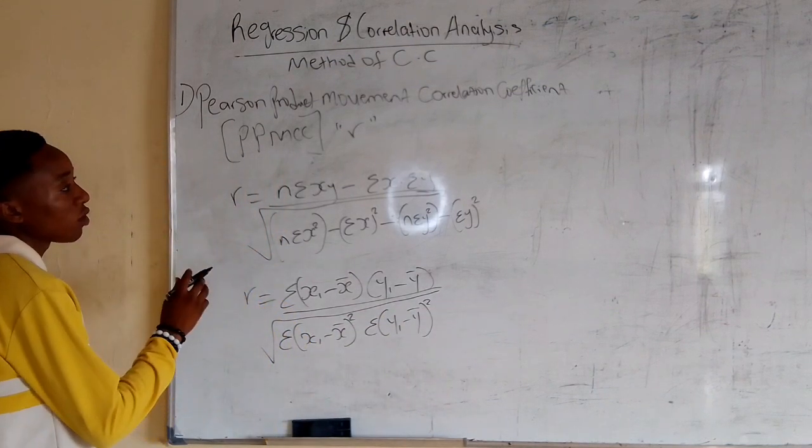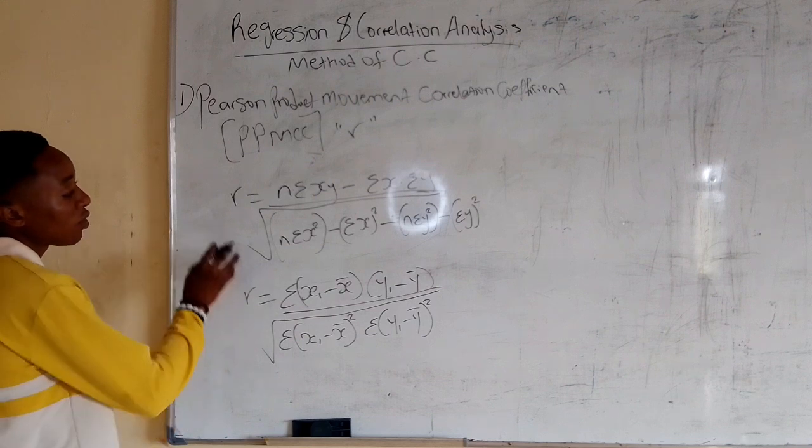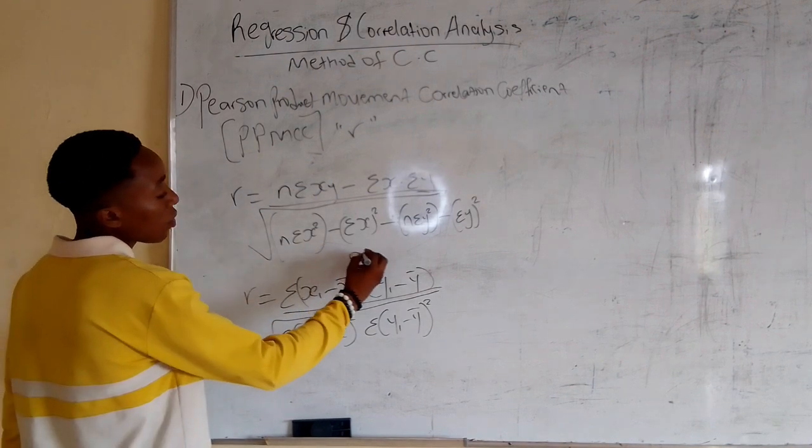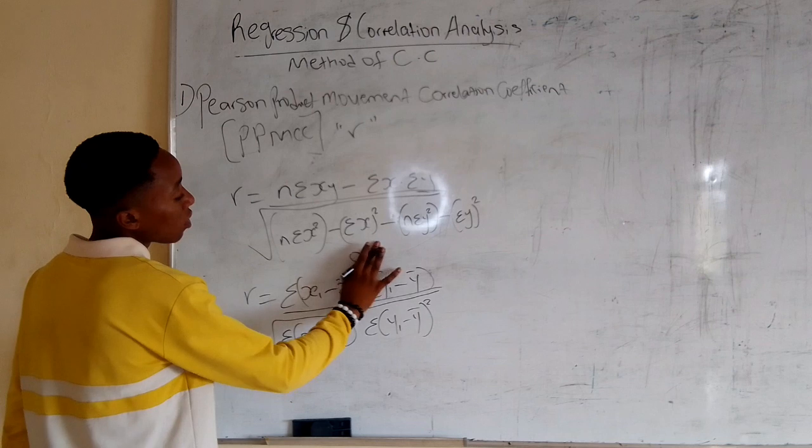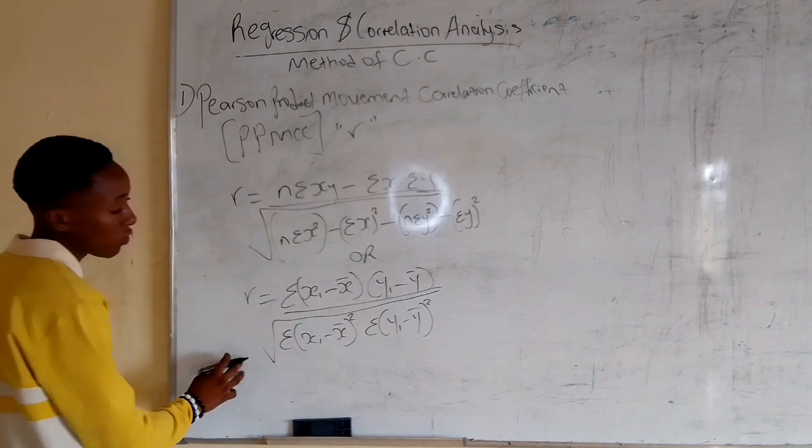So for Pearson's product moment correlation coefficient, you either use this formula or you use this formula.